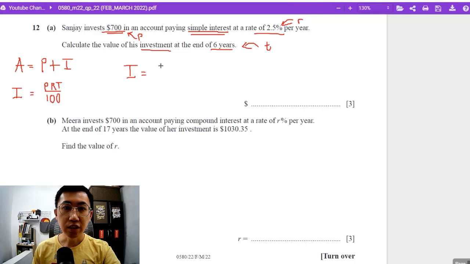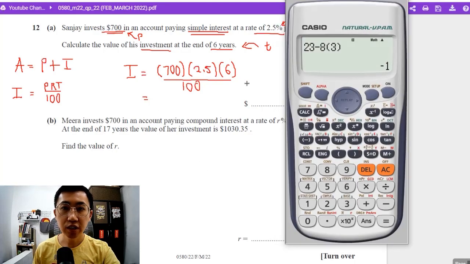Interest is going to be 700, your principal, times interest rate 2.5 times 6 years divided by 100. So we need to use the calculator. Let's do that right now. So 700 times 2.5 times 6 divided by 100. So the bank gives you $105.